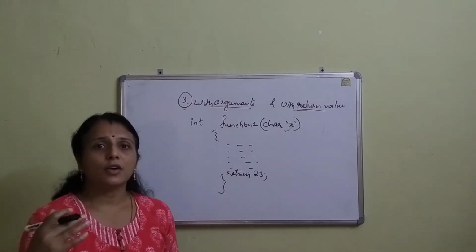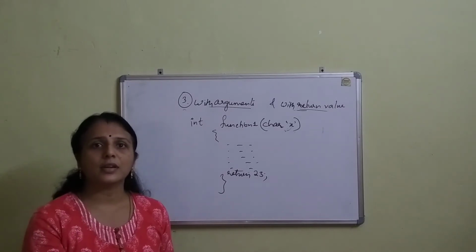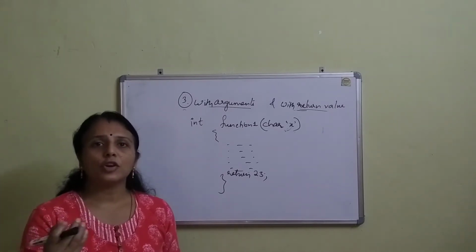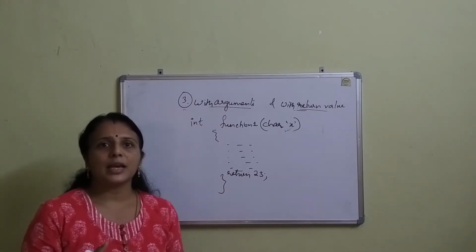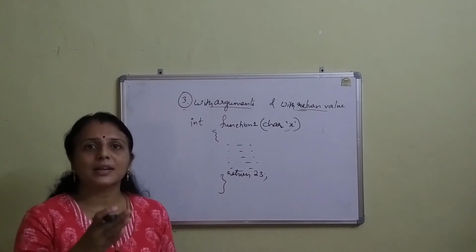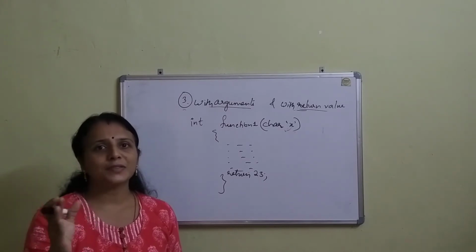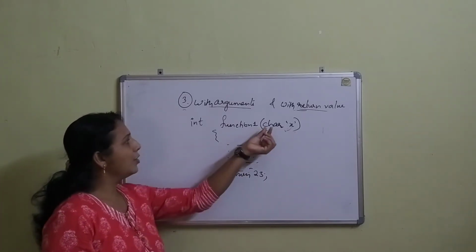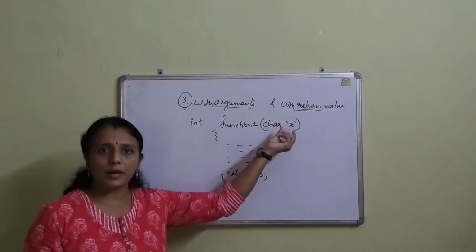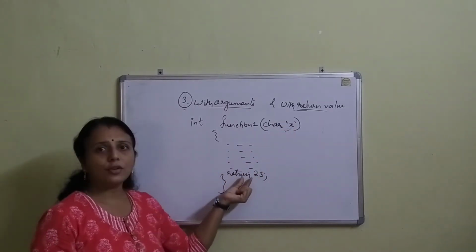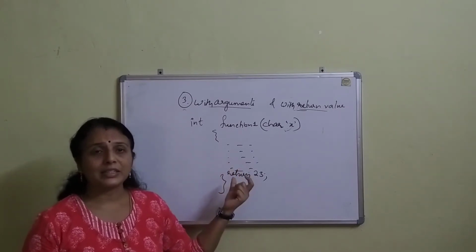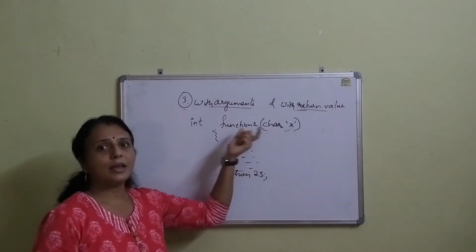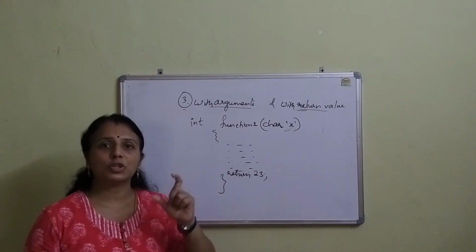And after depositing, what do you get in return? You get a receipt. So the receipt and the money are completely different things, aren't they? They are not of the same type. Similarly here, you are inputting data of a particular data type, and you are getting the output in some other data type. So it is not mandatory that the input data type and the return data type should be the same.